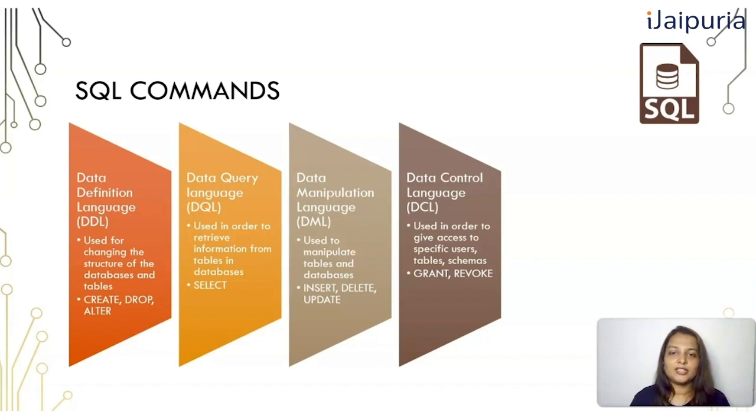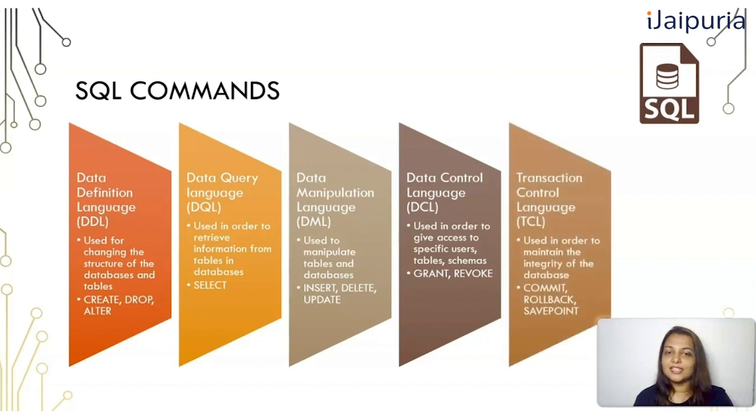But the next 2 categories, that is data control language and transaction control language, are basically used to control and make sure that there is security around my table. So data control language is supposed to ensure that there is some access given to the person who is going to be using the tables. That is why we make use of commands like grant and revoke.